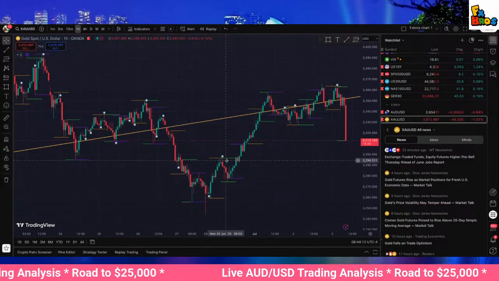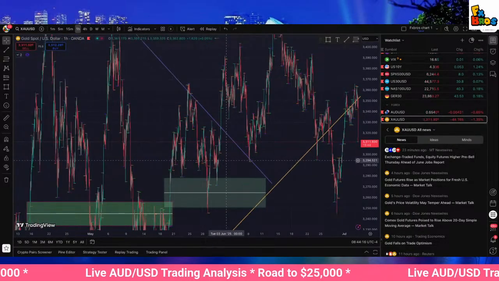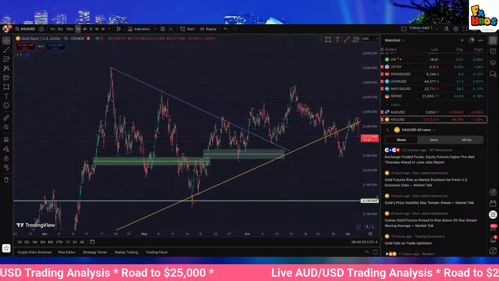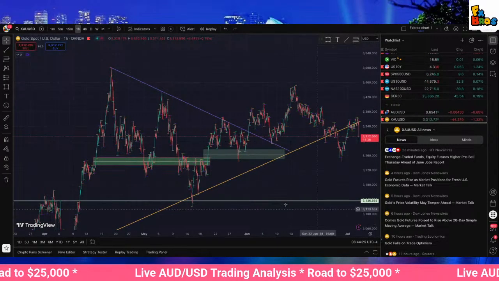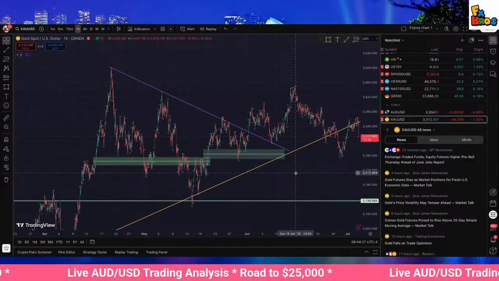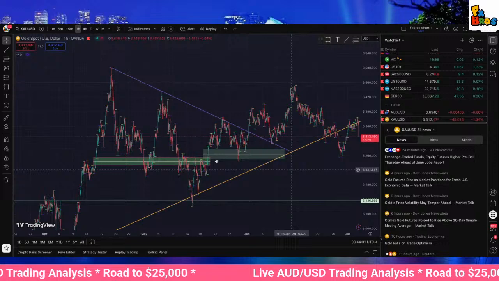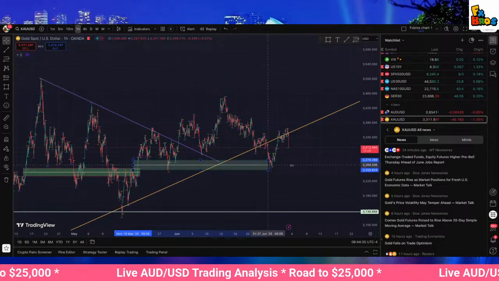Damn, gold is tanking. More opportunities setting up. 32, 60 and 50 was my key. Both of these areas right here were key levels.